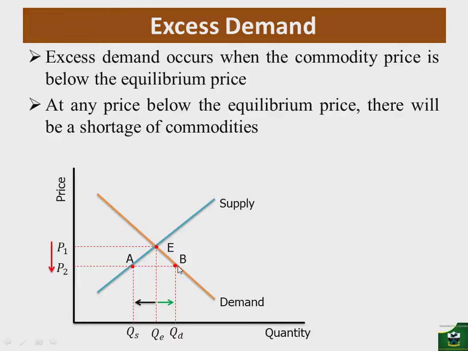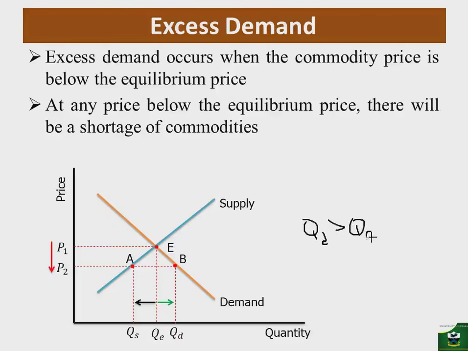With that, it means that if price was to go below the equilibrium price, say to P2, then we will not be in equilibrium because demand will not be equal to supply. What we are seeing here is that when the price is at P2, quantity demanded becomes greater than quantity supplied.